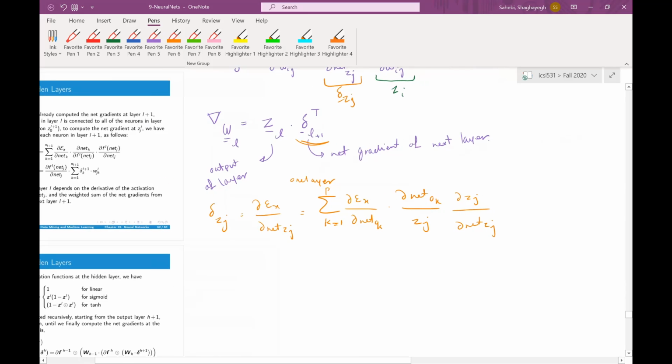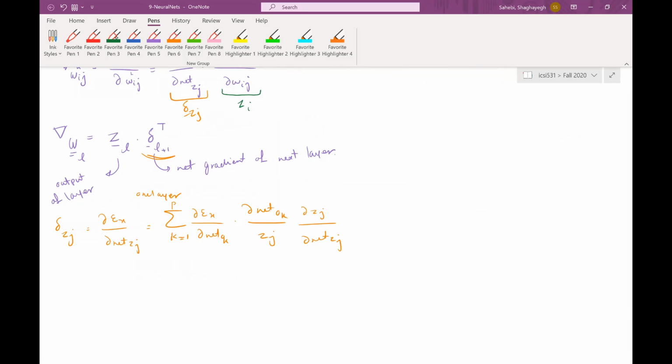Why? Because remember that we had these output layers, O1, O2, until OP, right? And we have this Zj here, right? And the way that they were connected to Zj were with these weights, right?